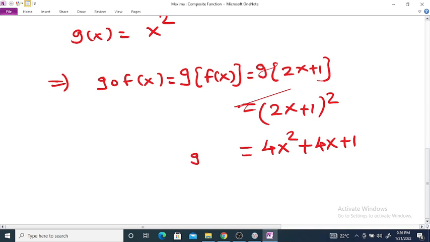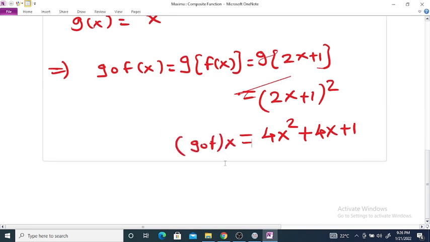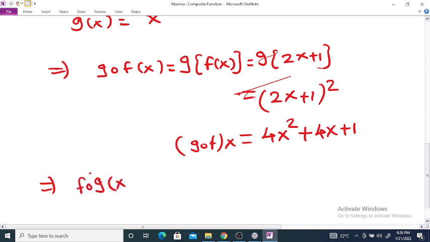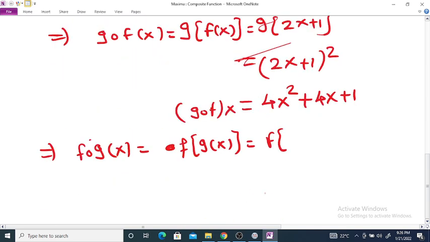Similarly, we can also obtain the function for f of g of x. Therefore f of g of x is equal to f of g of x, which is equal to f of x square.